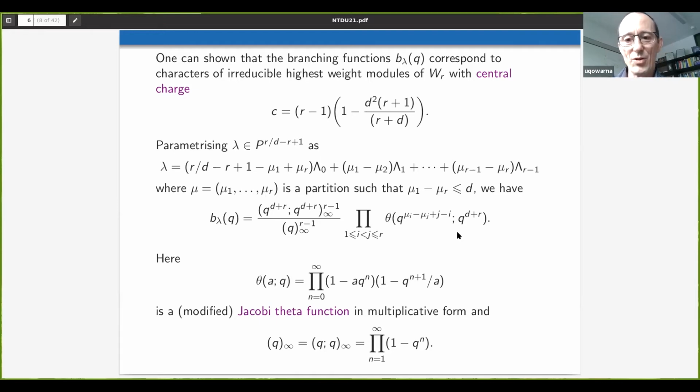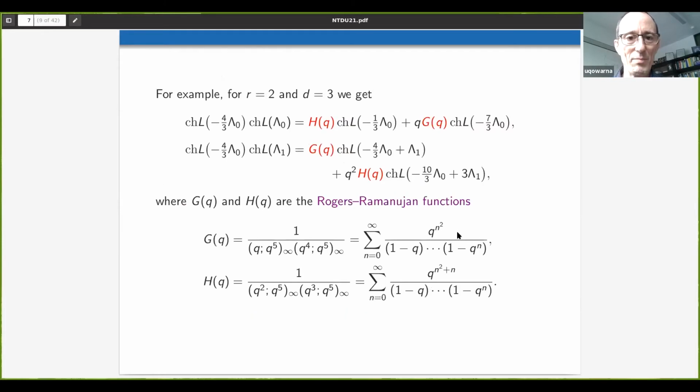So, well, that already indicates that there is a lot of sort of arithmetic things that should be going on. And so let me give you a little example where I compute some of these branching functions. And here I've called them H and G, because it turns out that in this particular very simple example where I compute these branching functions, these functions are the well-known Rogers-Ramanujan functions, for those who have seen these before.